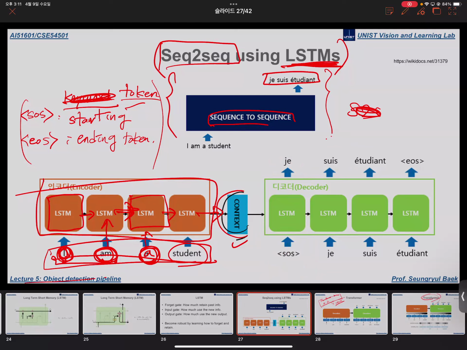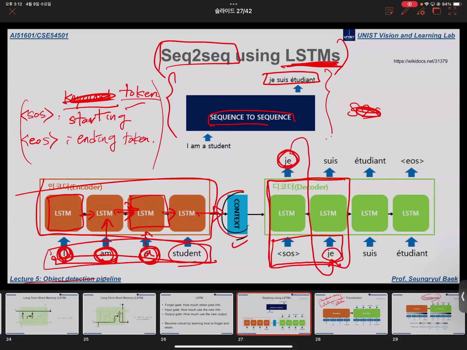In the next step, you will input these two words. You are getting this first word from the decoder, right? In the previous step, so you are inputting the previous time's output as the input now, and then you will get these two outputs. Okay, so this is the new word.